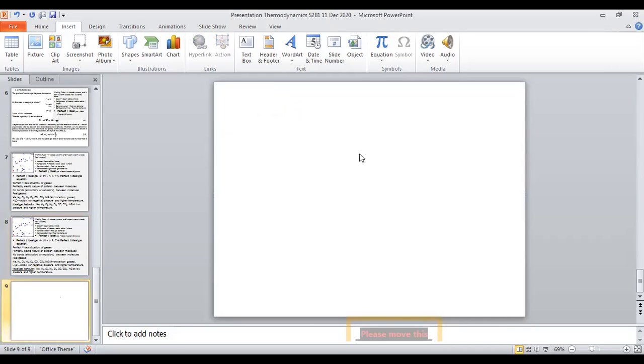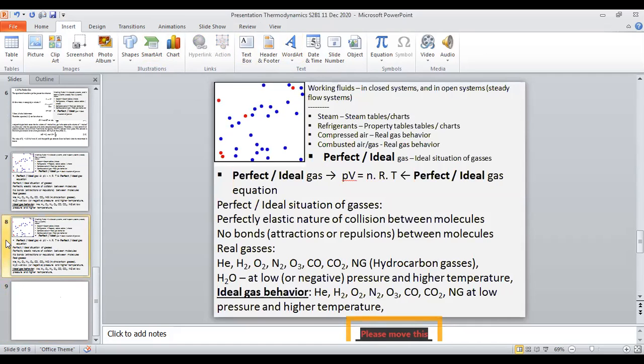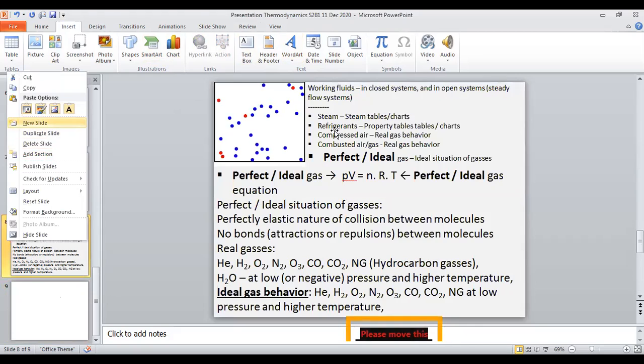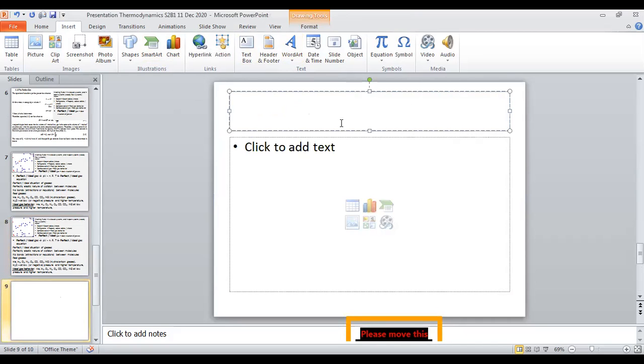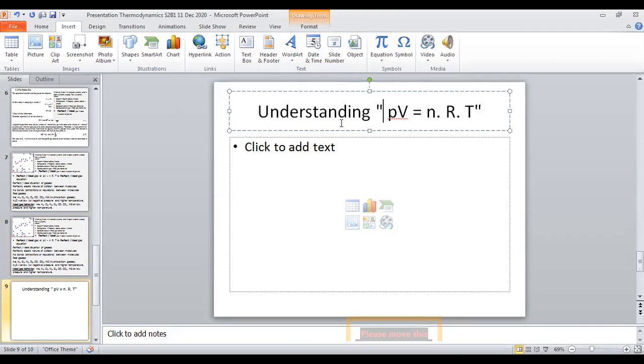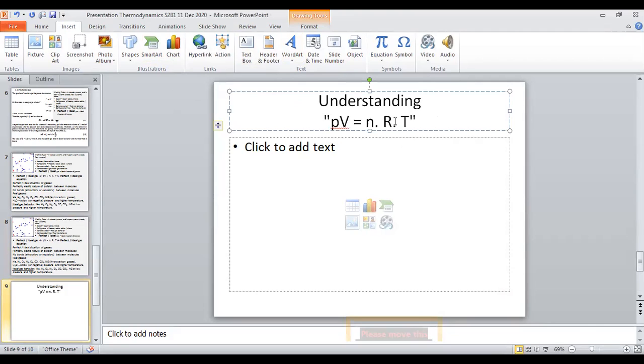This is very important. Understanding PV equals nRT, you have to understand this.